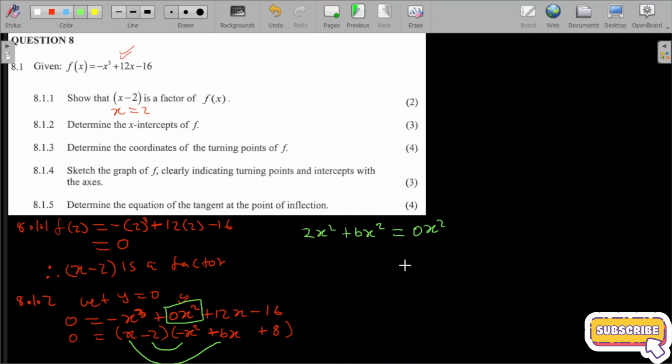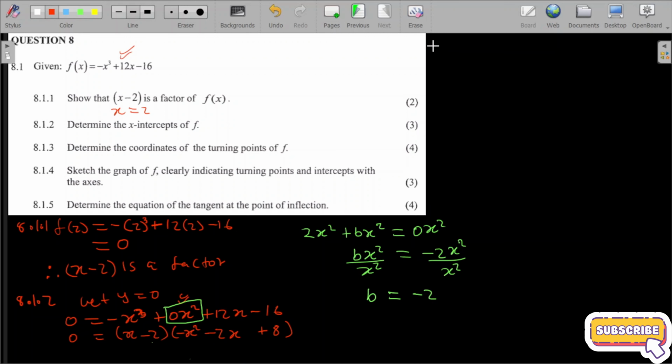So it equals 0x squared. Remember, I'm solving for b, so I'm going to take this to the other side. So bx squared equals, change its sign, negative 2x squared. Now divide by x squared. So my b is negative 2. Putting my b also here, that is negative 2.